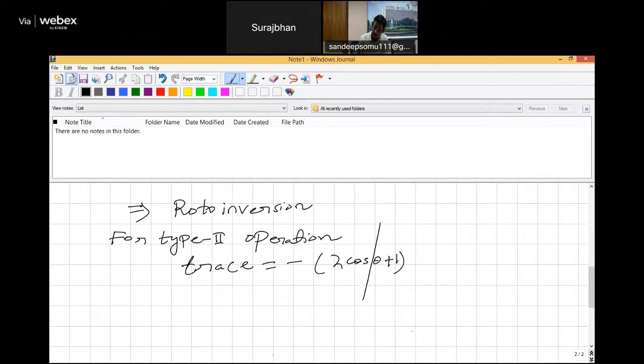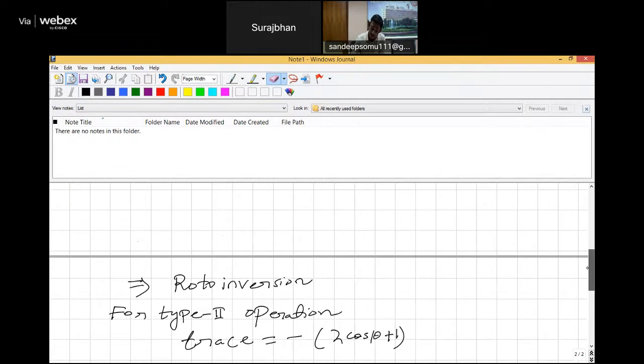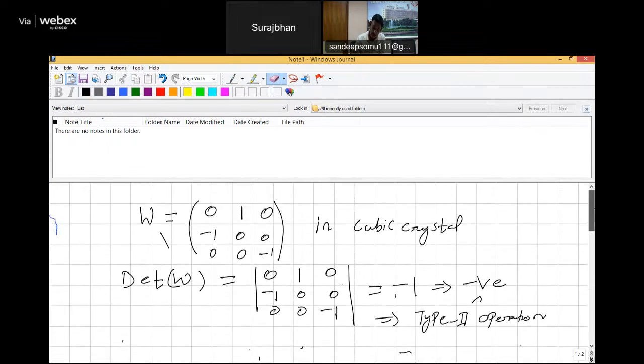And from the matrix we can calculate the trace. The sum of the diagonal elements is the trace.